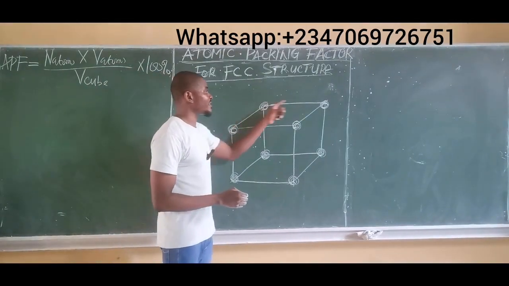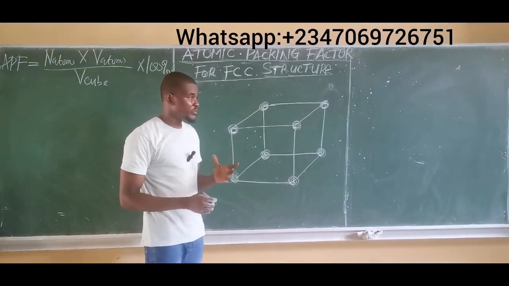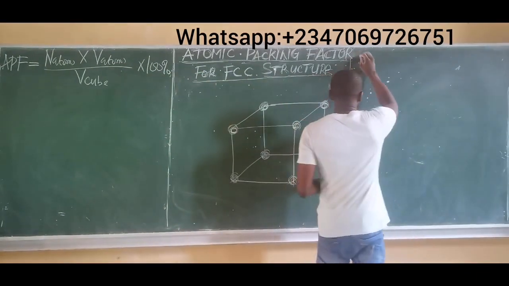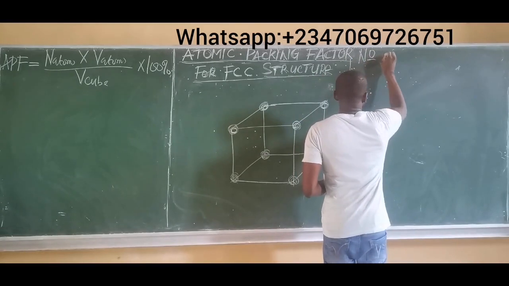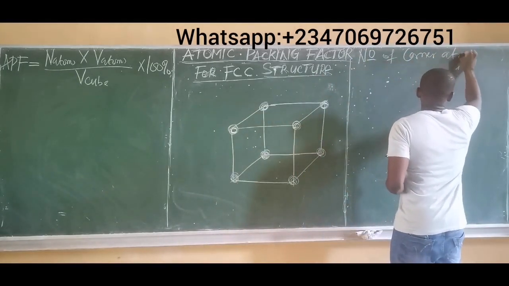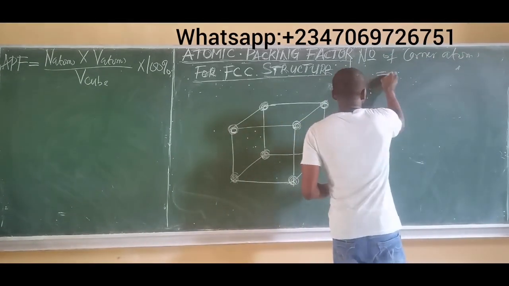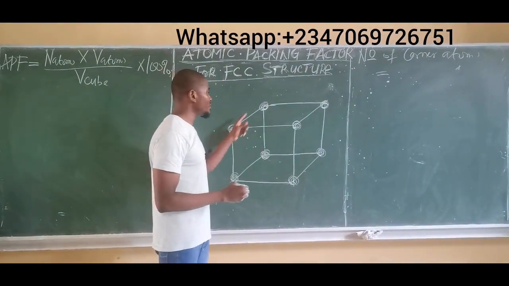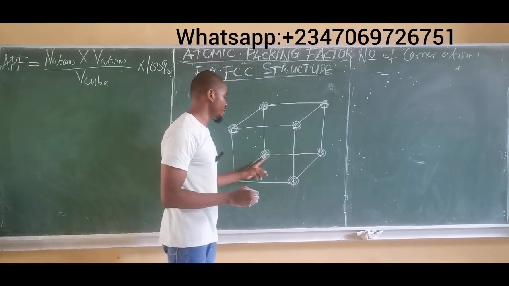Now, these atoms at these edges are called corner atoms. Let's obtain total number of corner atoms. So, number of corner atoms is going to be equal to, now be careful, if you count these corner atoms, you have 1, 2, 3, 4, 5, 6, 7, 8.